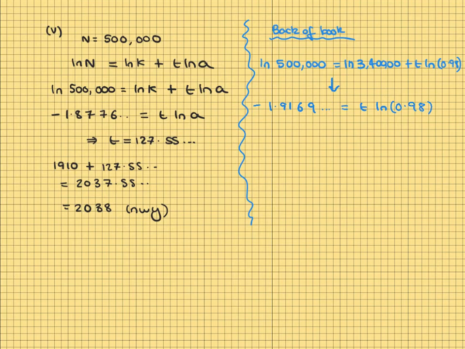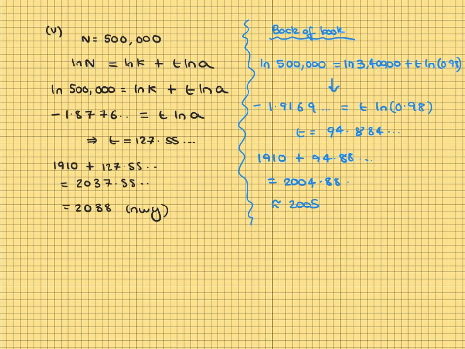So divide by ln of 0.98 and we find we get t equals 94.884... So this time the year will be, when we add this to 1910, 2004.88, which of course rounds to 2005 to the nearest whole year.